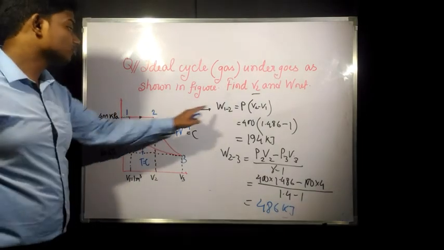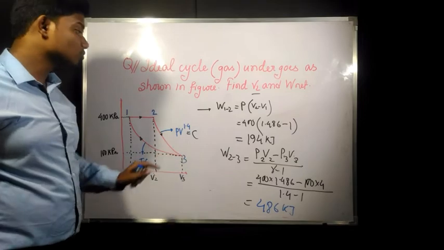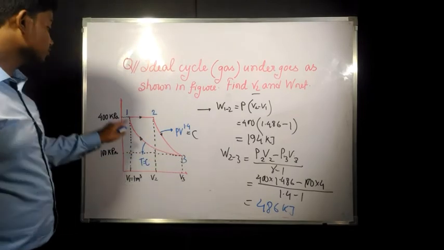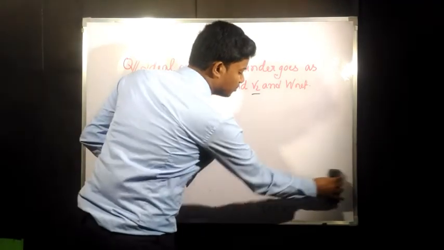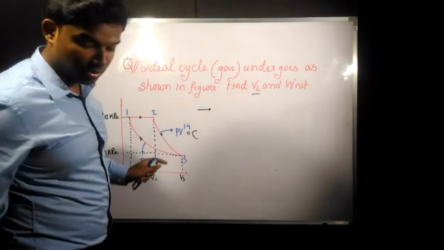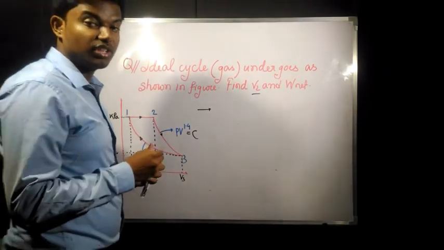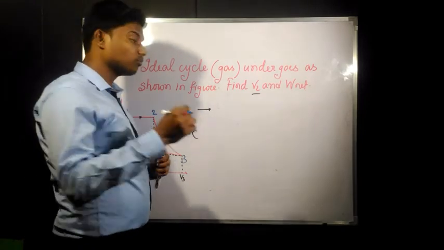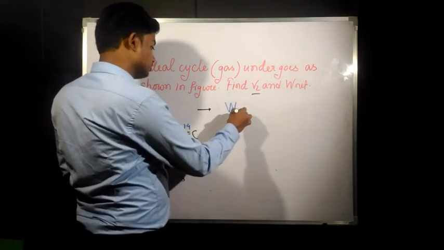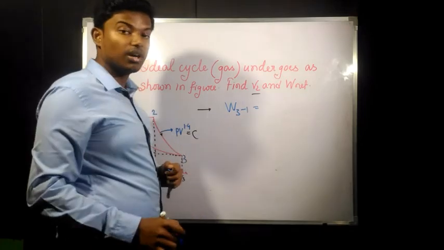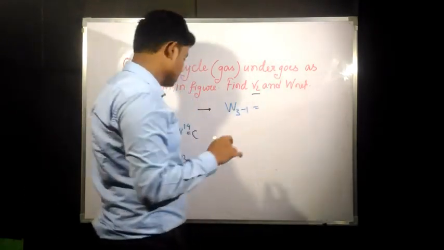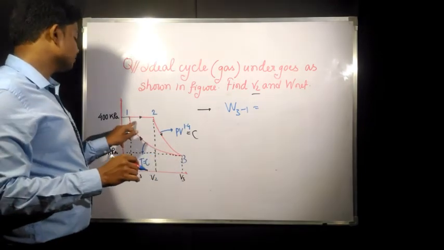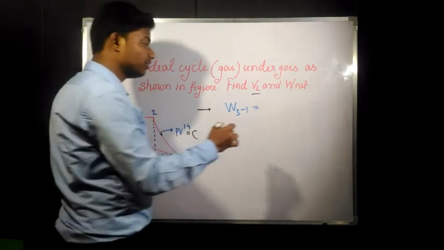So for process 1 to 2 we have found out the work, and for process 2 to 3 we have found out the work. Now we need to find it for process 3 to 1. Process 3 to 1 is an isothermal process. So for an isothermal process, what is the expression for work done? As I have told you, in place of the constant there was either P1 V1 or P3 V3, whichever one you can take.